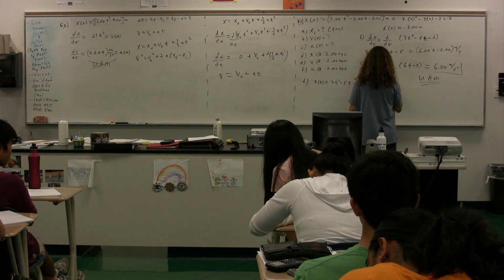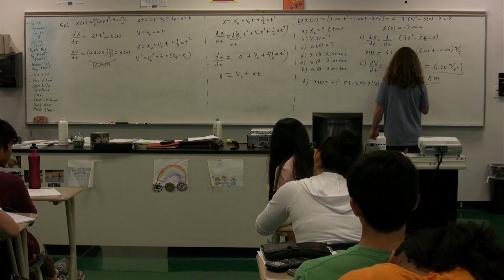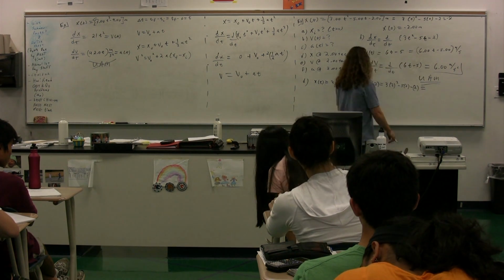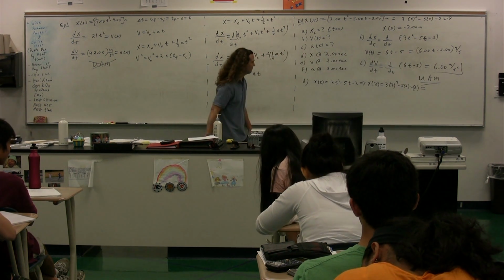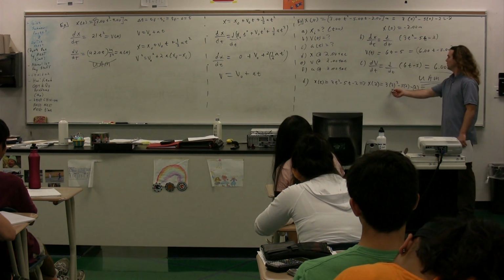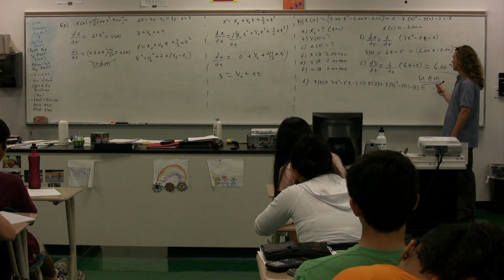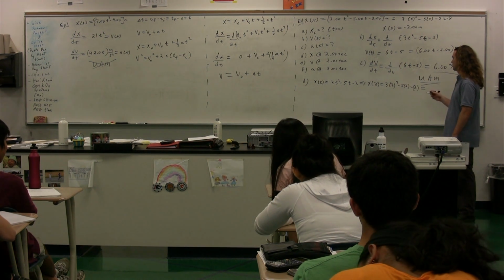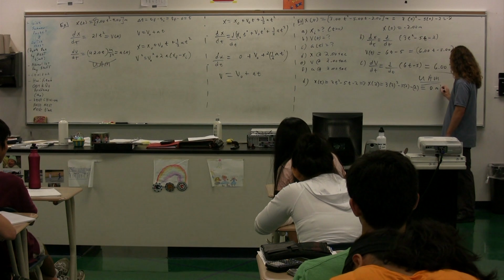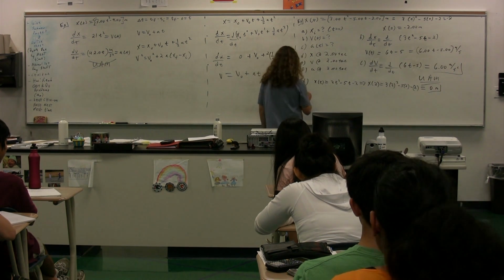So we get 3 times 2 squared minus 5 times 2 minus 2. Gives us, what's our number here? 0. So it works out to be 0.